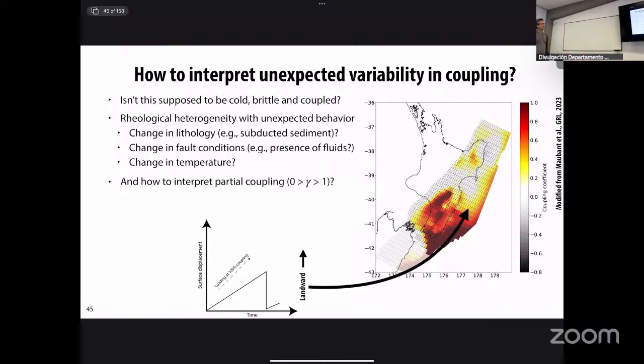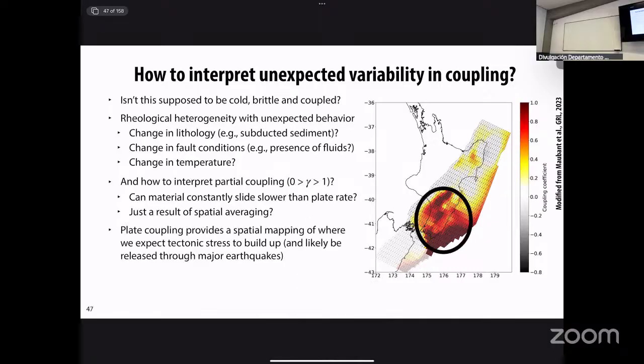Then you also have these places, we've already sort of explained kinematically at least what we would expect for fully locked and fully uncoupled. But there's also everything in between, which physically is also sort of hard to explain, because there might be some continuous component of motion, but then the rest experiences a stick-slip cycle, so that's also not very obvious. It could just be a result of spatial or temporal averaging, just because our geodetic data, the resolution of it isn't as nice as we'd like it to be.